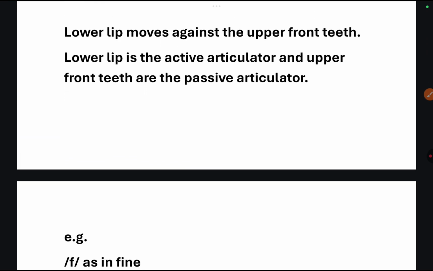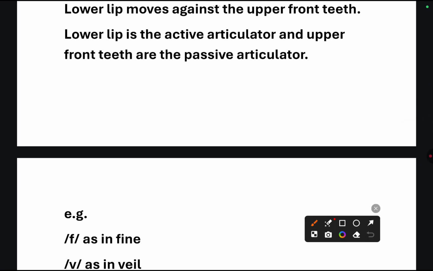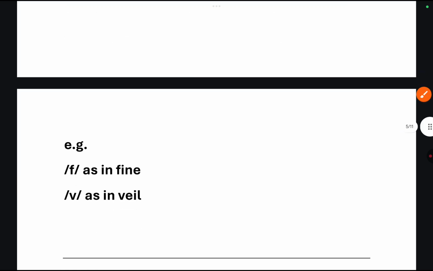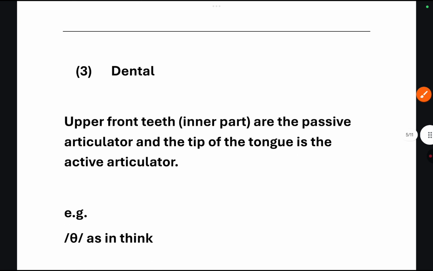You can pronounce from your side. When you are pronouncing fine, the lower lip is involved, and the upper front teeth. Pronounce from your side, you will come to know. Wheel.